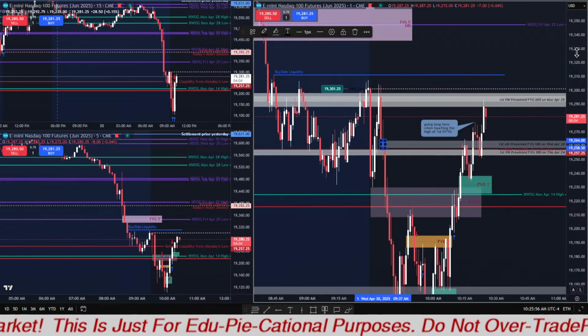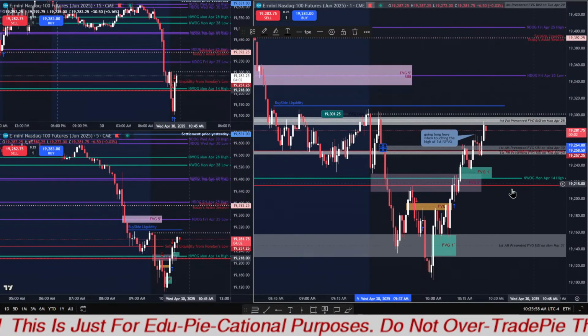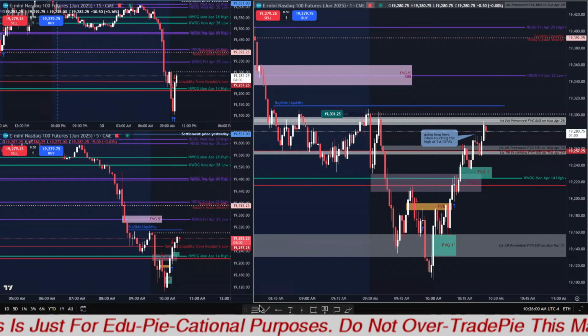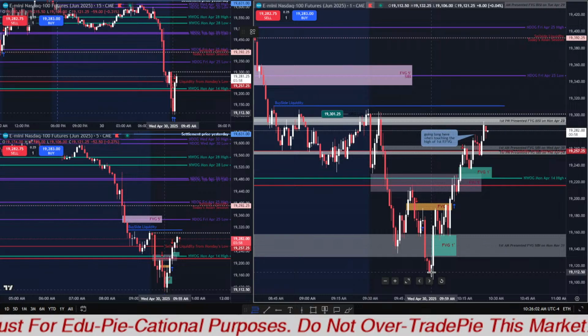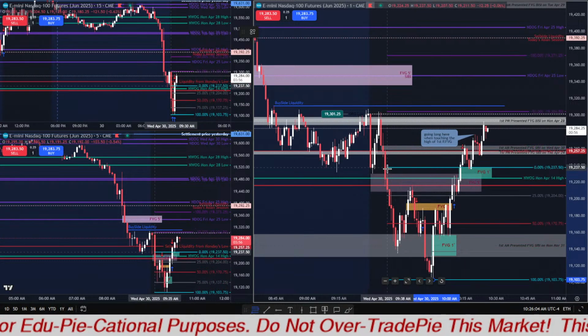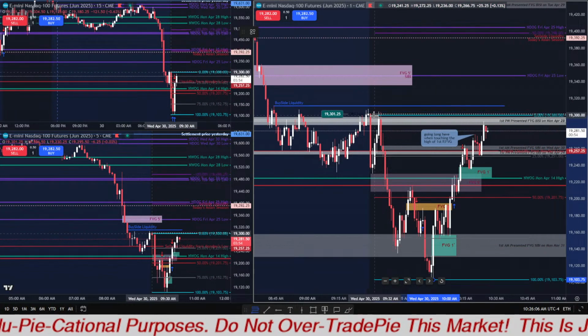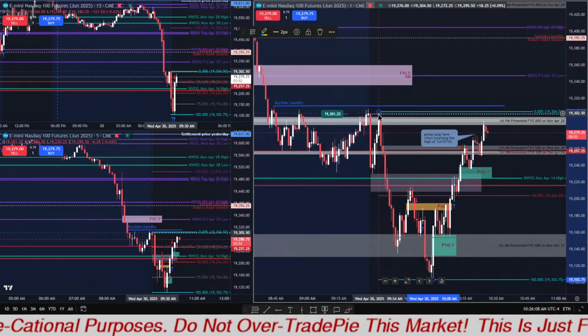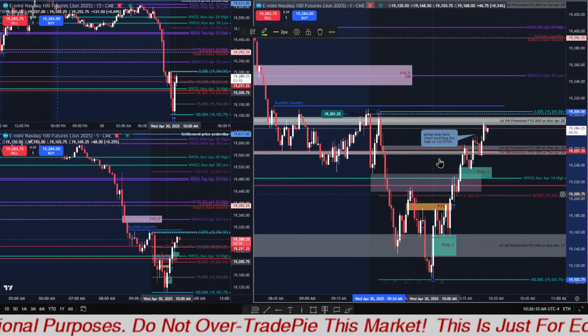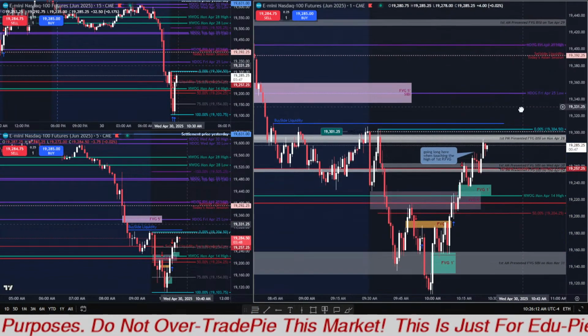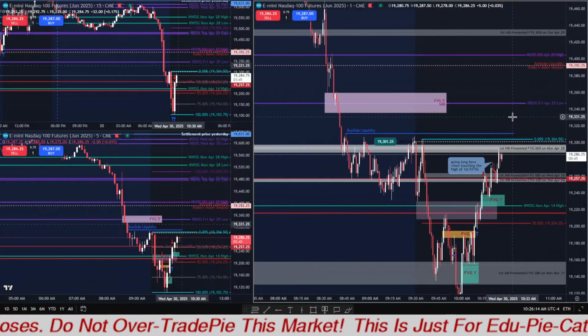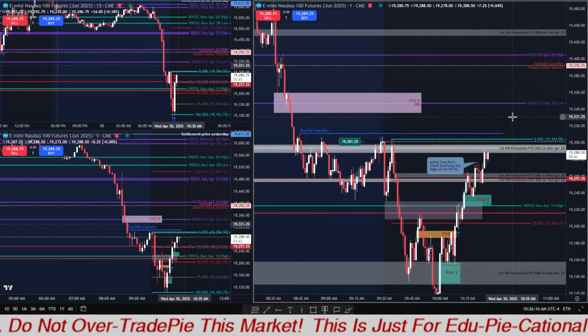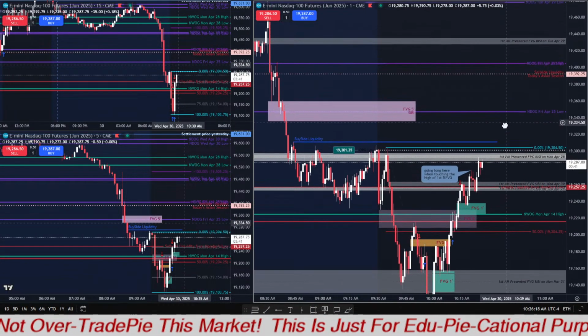I would like to have a kind of measurement with the Fibonacci tool, from low to the high of this opening range that is between 9:30 to 10 o'clock.